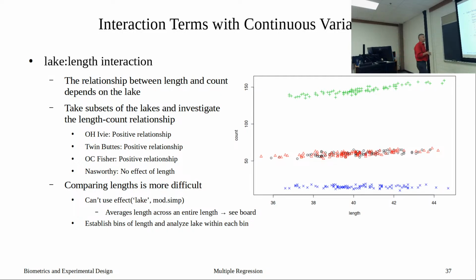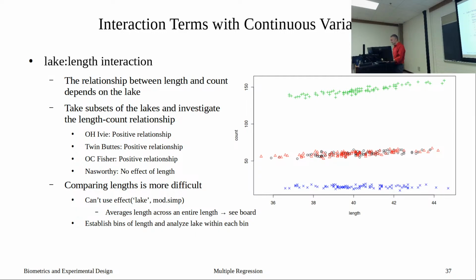Controlling for length is another story. Everything up to here, taking the subsets of lake, we've done that. Just take your subset and analyze this relationship. So, just as a demonstration, post hoc tests on the interaction.